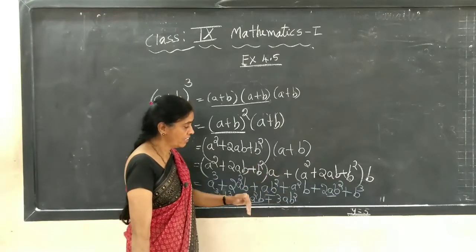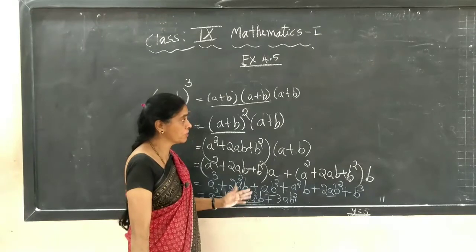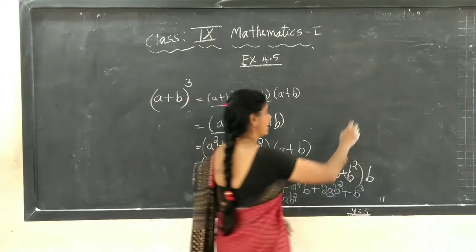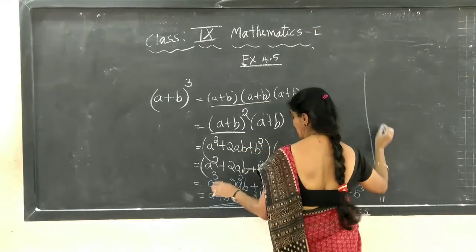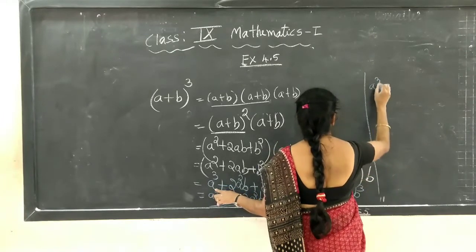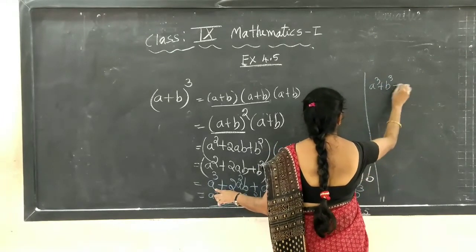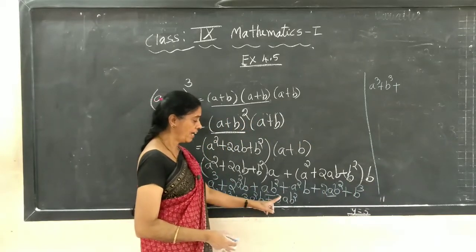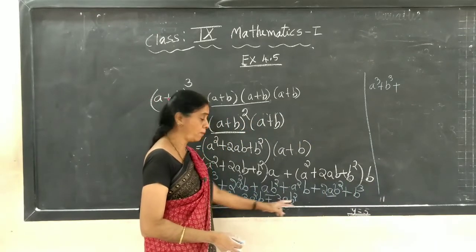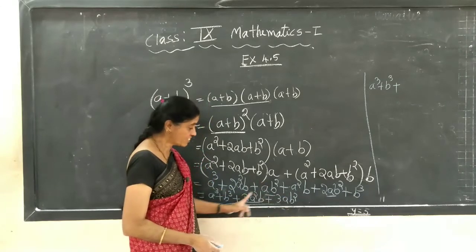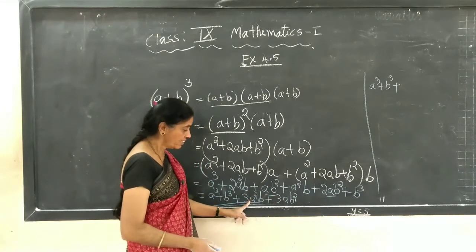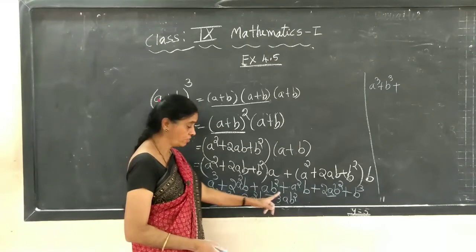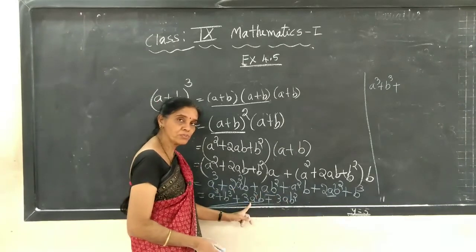Or still you can simplify this to remember it easily. I can write it as a cube plus b cube plus, now what is common in 3a square b and 3ab square? 3 is a common factor, a is present in both and b is present in both terms.